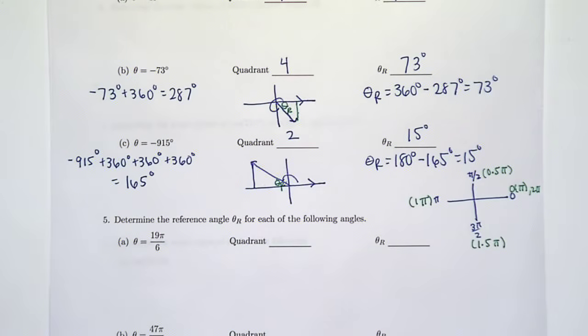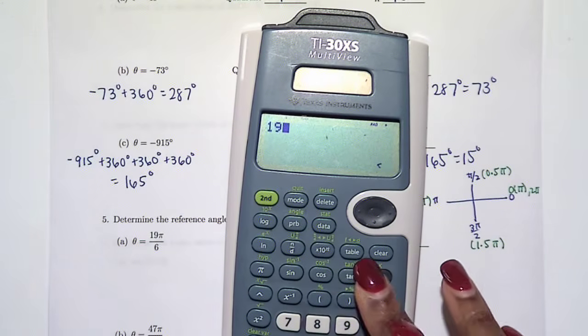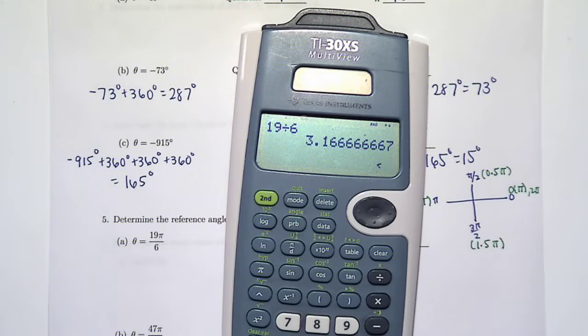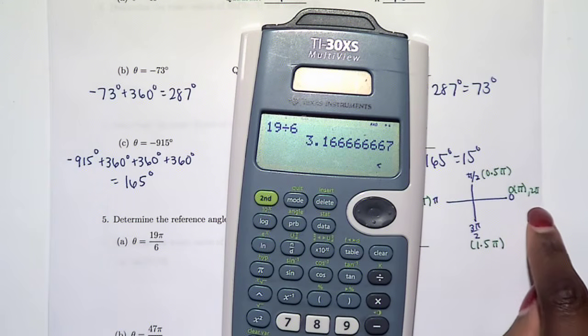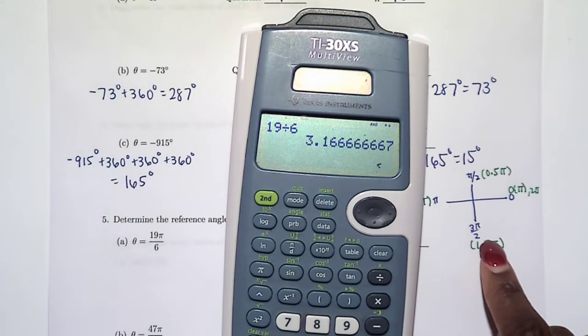Next, we want to determine the reference angle for 19 pi over 6. It's difficult when we're in radians to figure out where we are, so what I like to do is just divide the numbers. 19 divided by 6 is 3.16. That will be more than 2 pi, so we are bigger than what's on our circle.